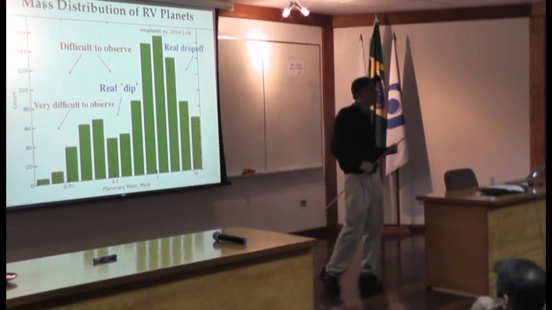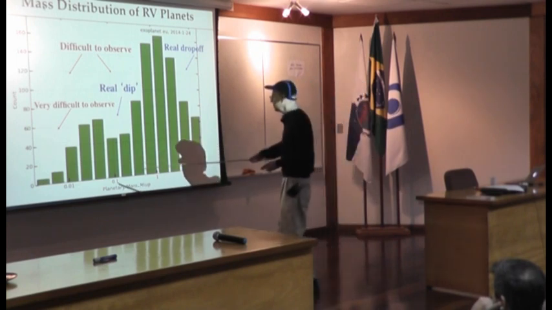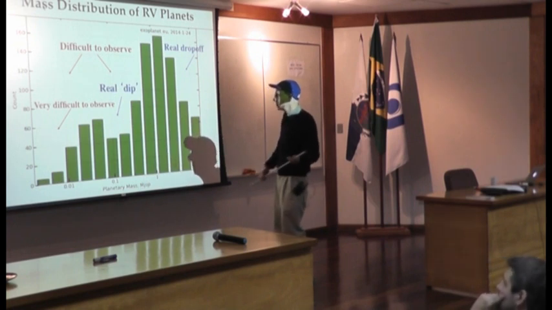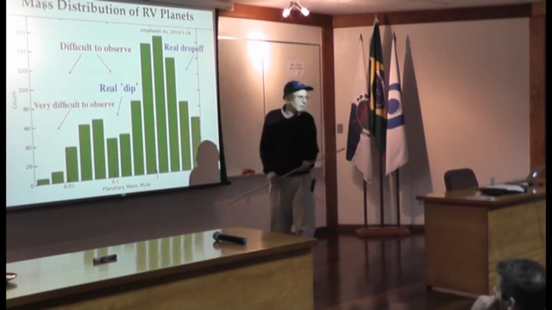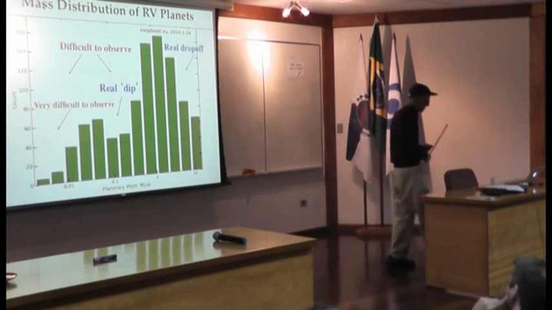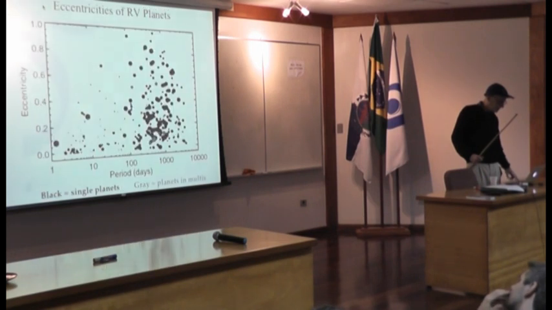And there must be far fewer planets of around 20 to 100 Earth masses than 10 and below. And that's what I mean by you need to understand biases.